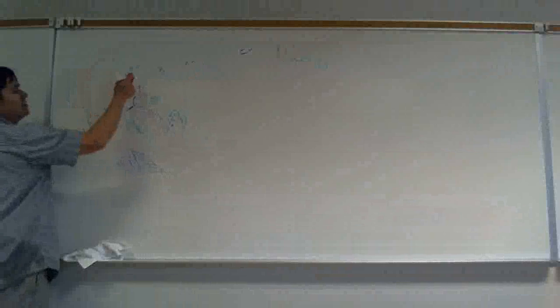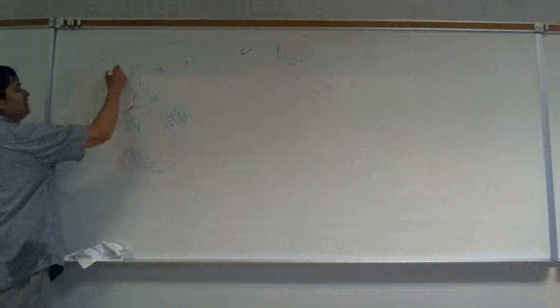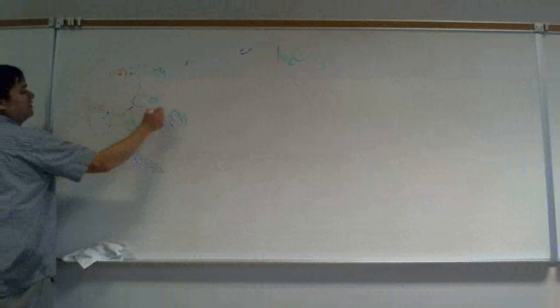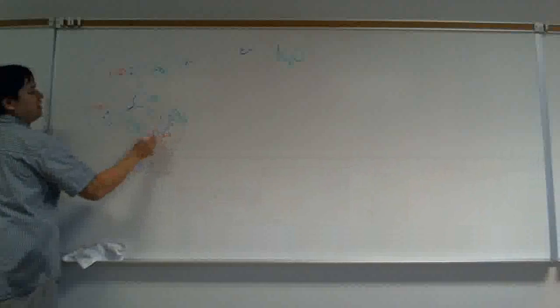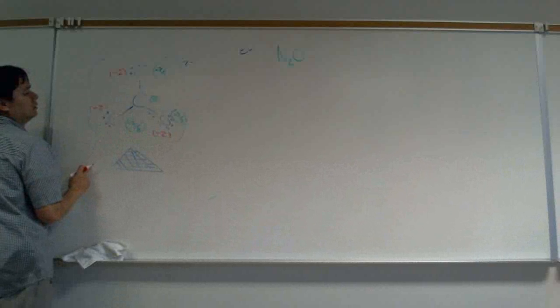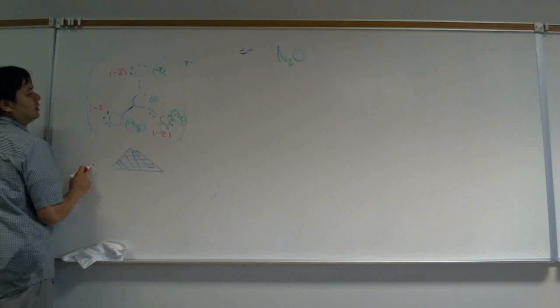We generate the oxidation state. The oxidation state of oxygen is going to be -2, -2, -2, and the oxidation state on carbon is, oh, actually, did I get this right? +4.